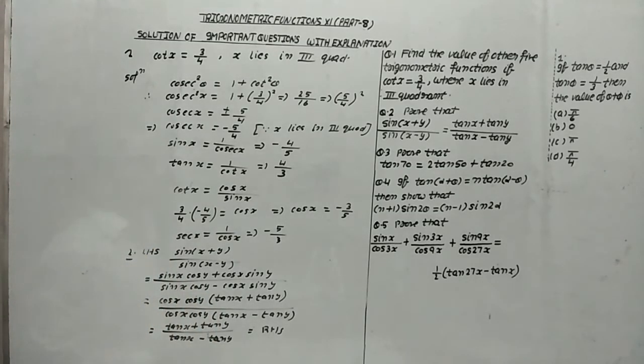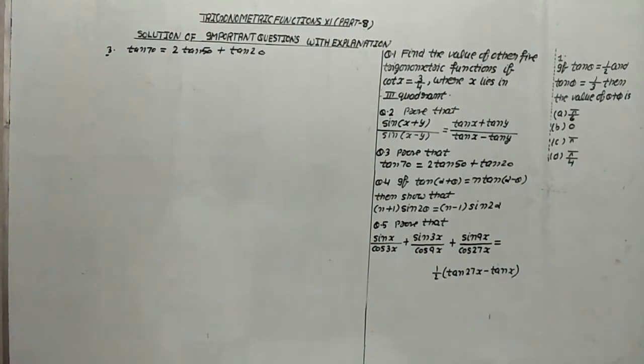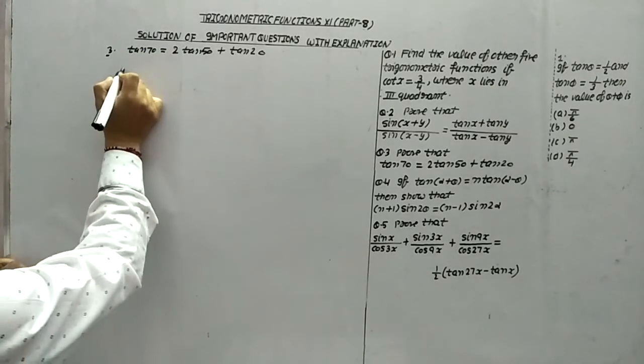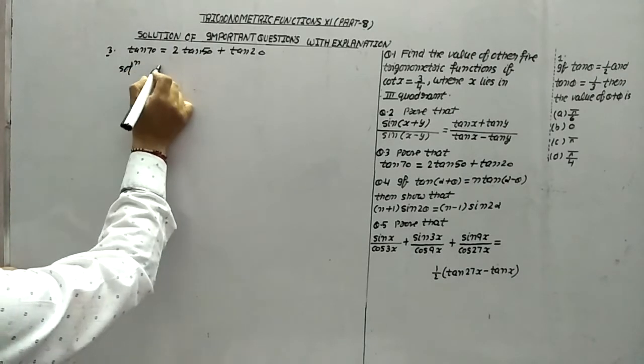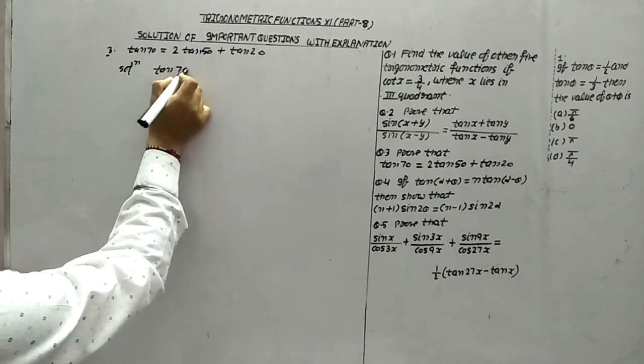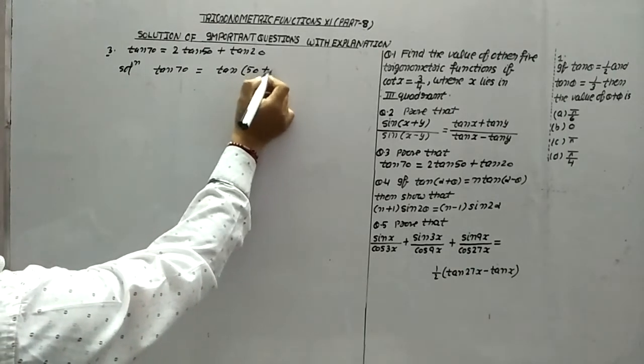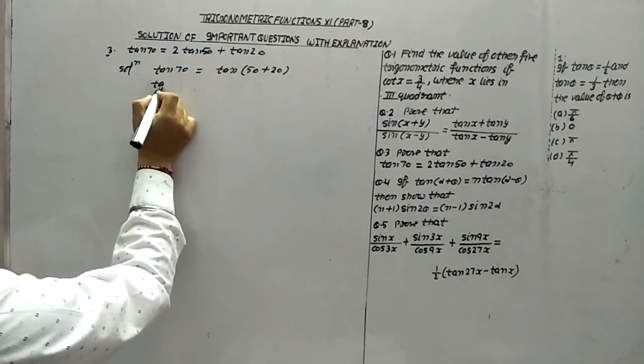Now let's start with question number 3. In this question, we have to prove that tan 70 is equal to 2 tan 50 plus tan 20. For the solution, we can write tan 70 as tan(50 plus 20). Now open this identity.